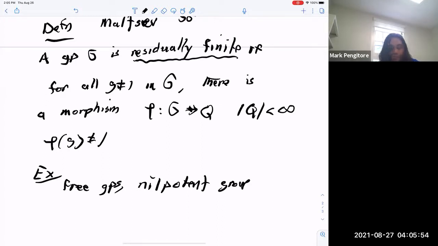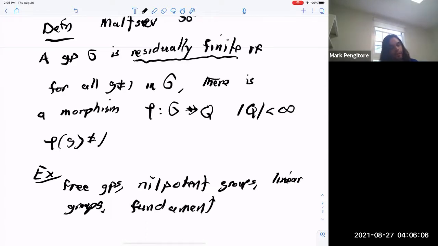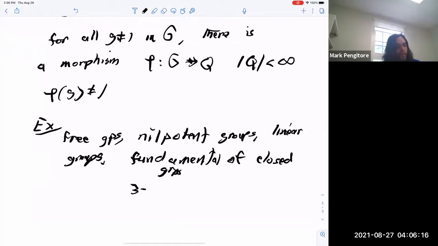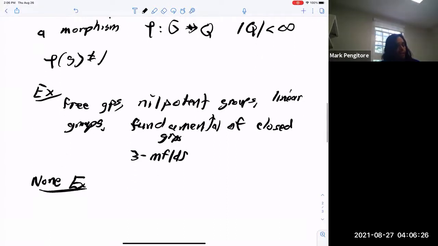Linear groups, and then, for instance, fundamental groups of closed three-manifolds. And an example of a group that's not residually finite is the Baumslag-Solitar group BS(2,3).